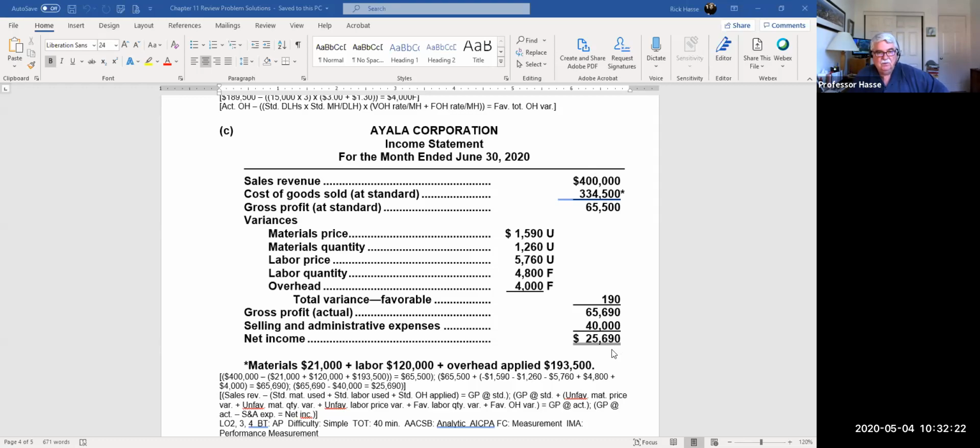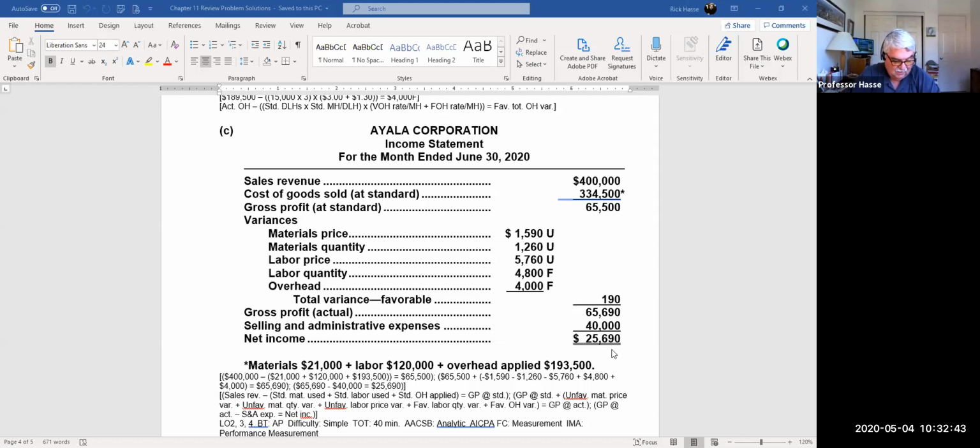So in other words, we're looking at the efficiencies, the variances of determining the price of our products and the amount of material usage, the price of our labor and the labor hours usage, and the amount of our overhead that was applied and actual.